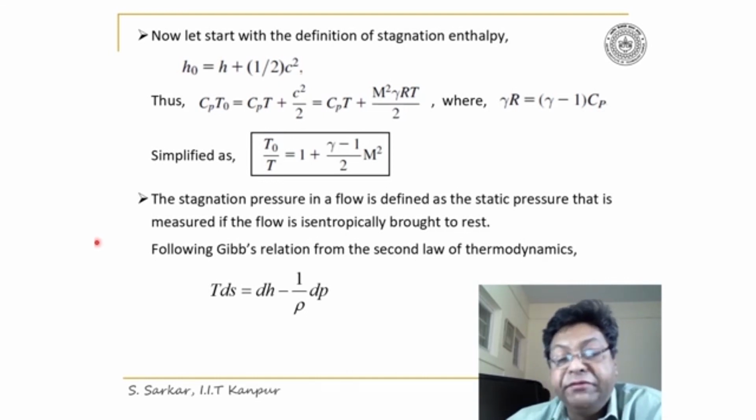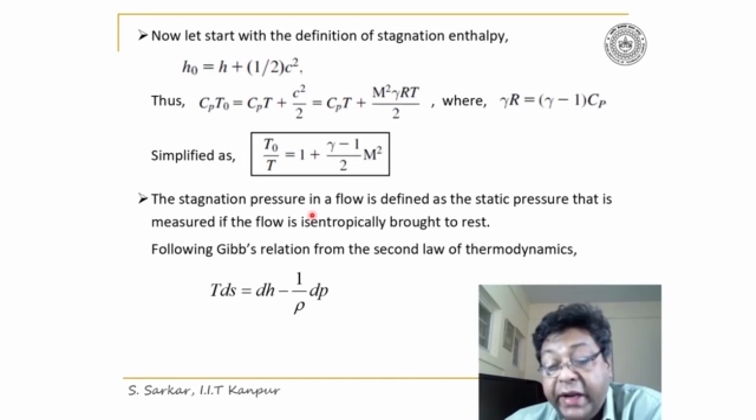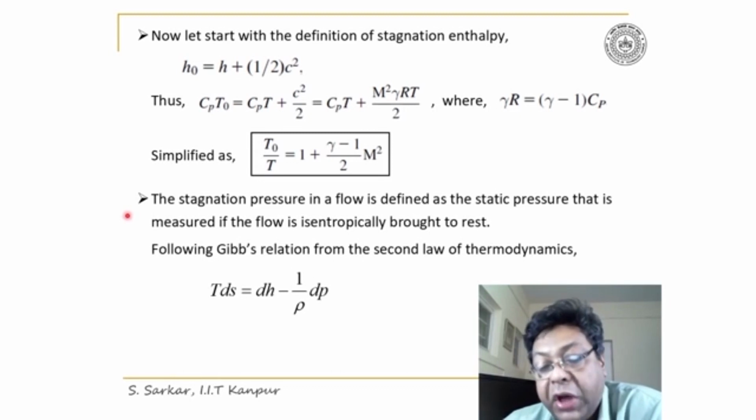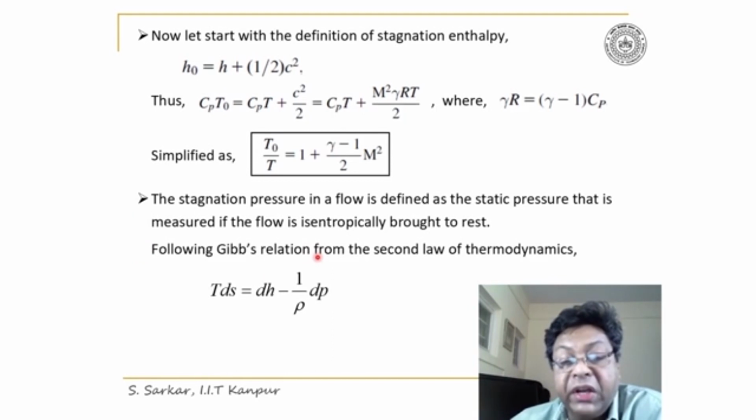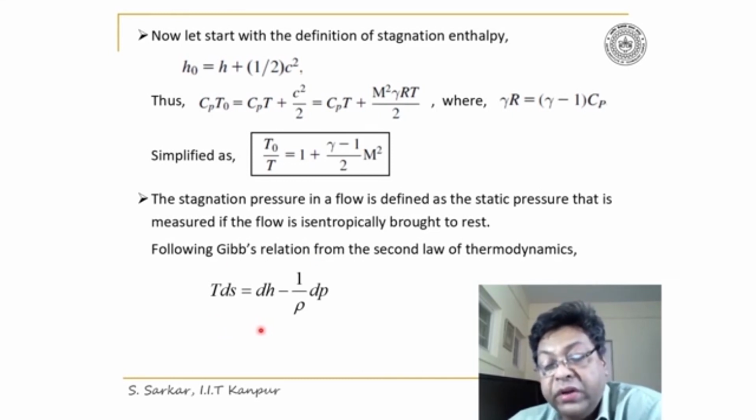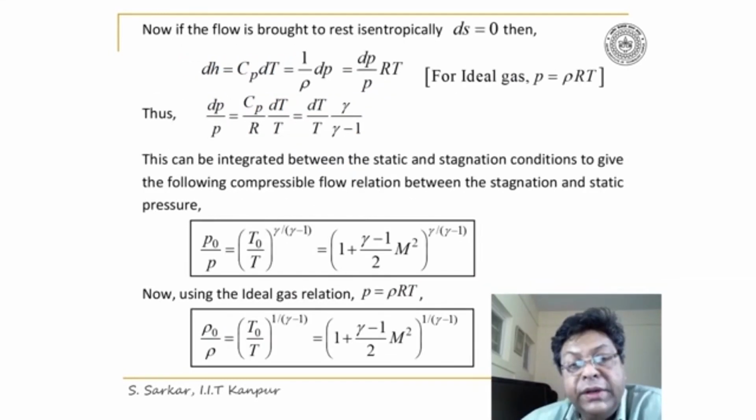To do that, let me first define what is called stagnation pressure. Stagnation pressure in a flow is defined as the static pressure that is measured if the flow is isentropically brought to rest. Now using the Gibbs equation from the second law of thermodynamics, T ds is equal to dh minus 1 by rho dP. Now if the flow is brought to rest isentropically, then ds is equal to 0.